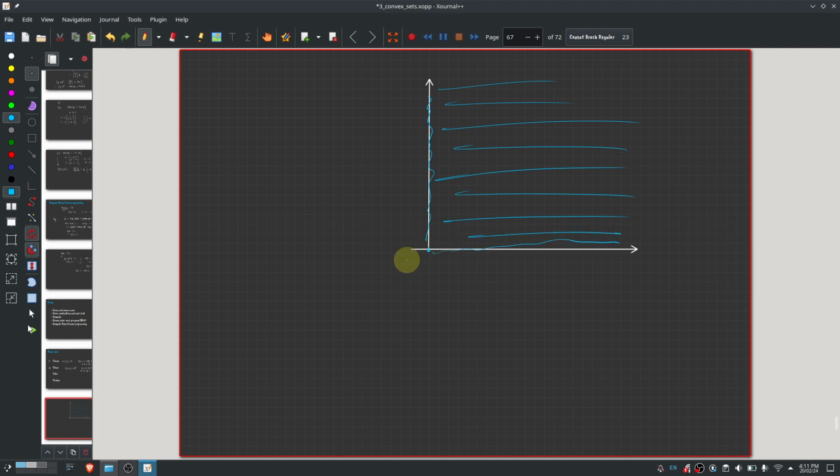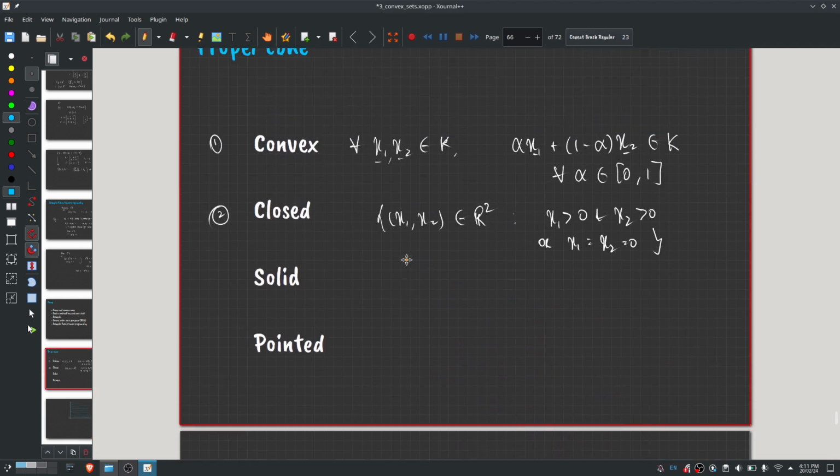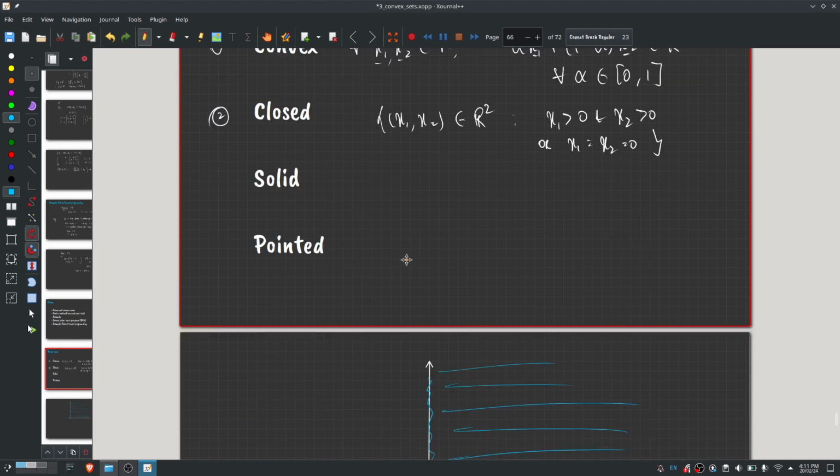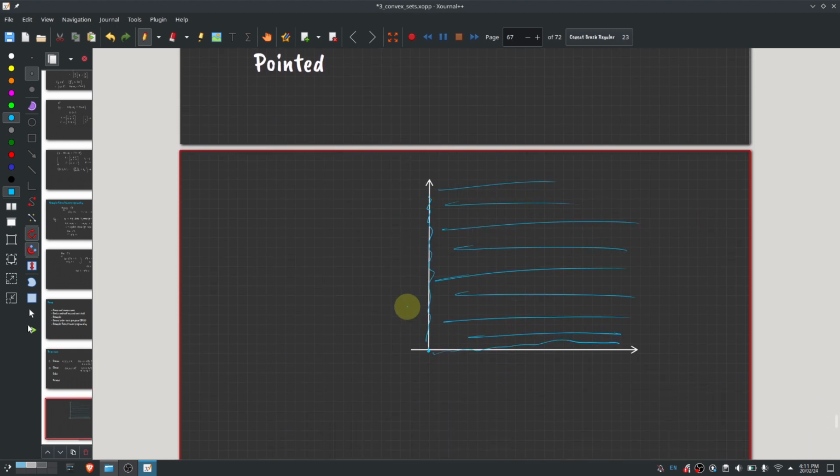It does include the origin; we have to make sure that the origin lies in the set, otherwise it will not be a cone. For a cone to be proper, it has to be closed, so this would be an example of a cone that is not proper.